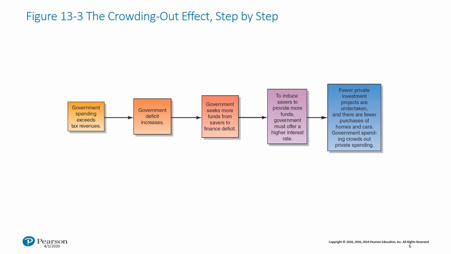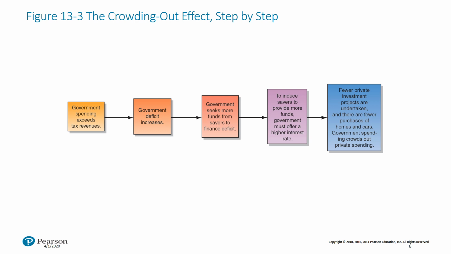And when it pays for them and does not simultaneously collect the same amount in taxes, what will it do? It will borrow money. So government will seek more funds from the savers to finance this deficit, and they will induce the savers to provide more funds.